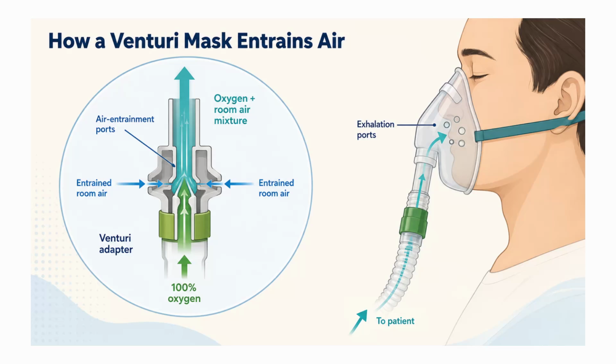And if that drop is severe enough, the device may no longer be able to keep up with the patient's inspiratory demand, that is, how much air they're actually pulling in with each breath. When that happens, the patient starts pulling in extra uncontrolled room air around the mask itself. And now you've got a second kind of dilution happening that the device was never designed to control. The result is a delivered FiO2 that's variable and unpredictable, not the clean fixed number that you originally calculated.